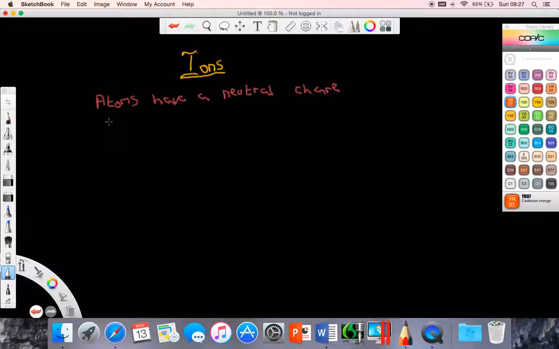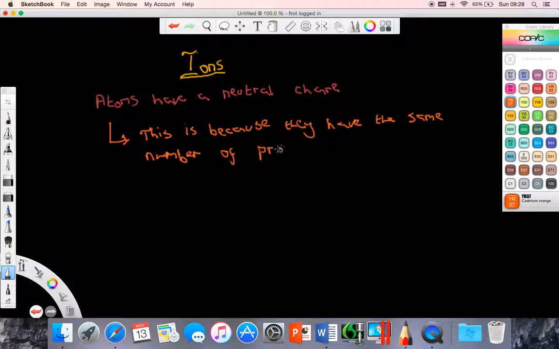Now the reason they're not positive nor negative is because they have the same number of protons and electrons.